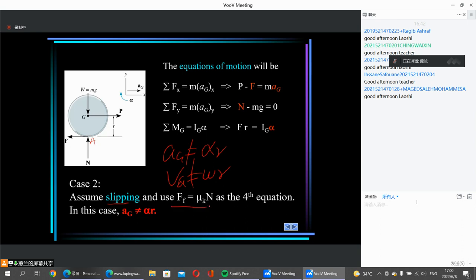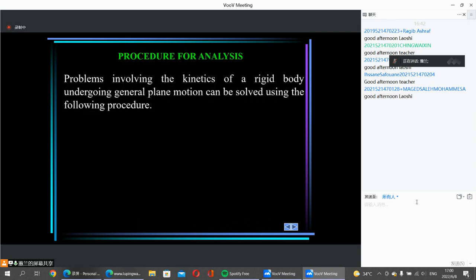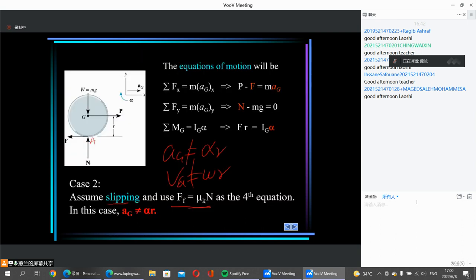But we can use the friction force equal to the kinetic friction coefficient times the normal force, and then the force equations we still can solve. So this is for the disk rolling; you need to make assumptions. Sometimes, if it's stated that it's rolling without slipping or rolling with slipping, things will be simple. But if not, you need to make an assumption and then check whether your assumption is correct or not.